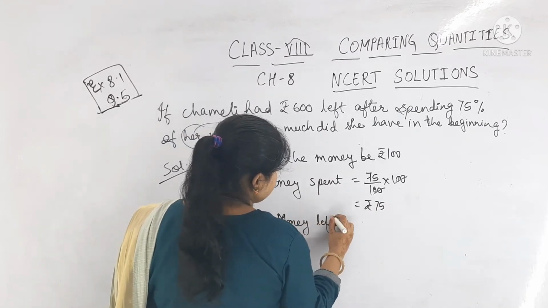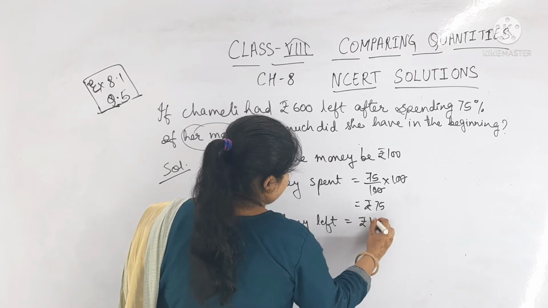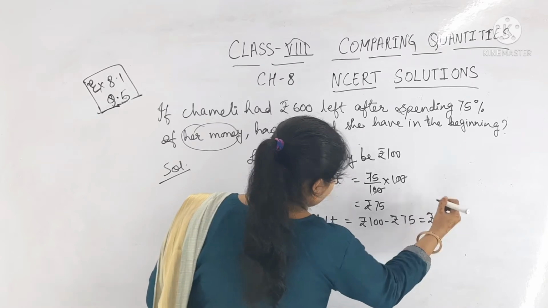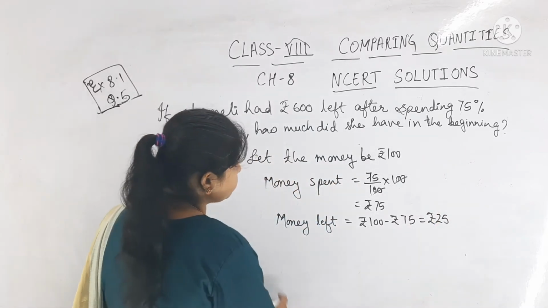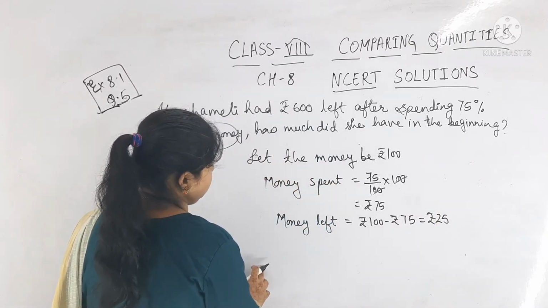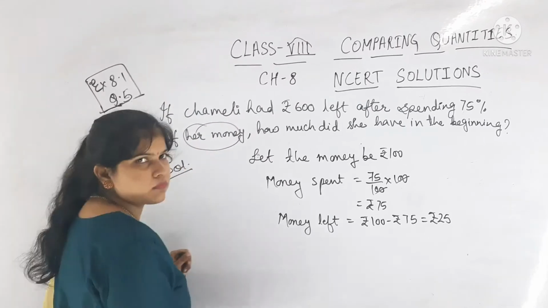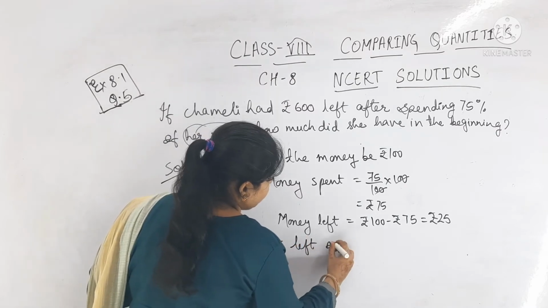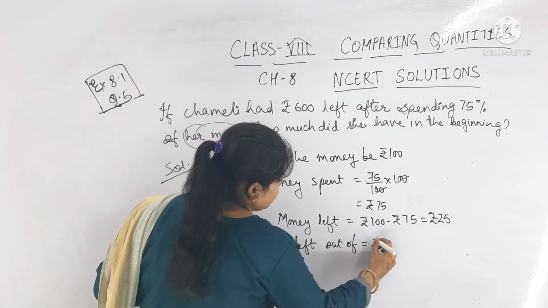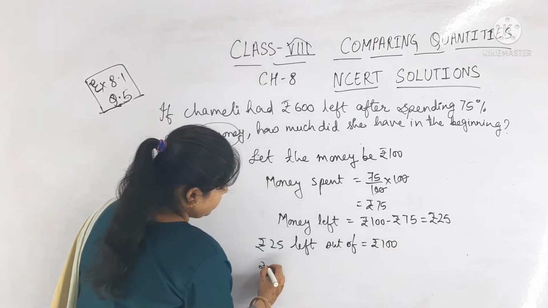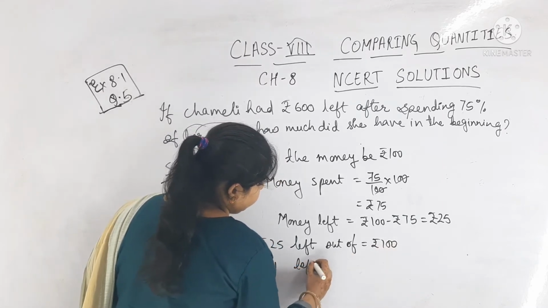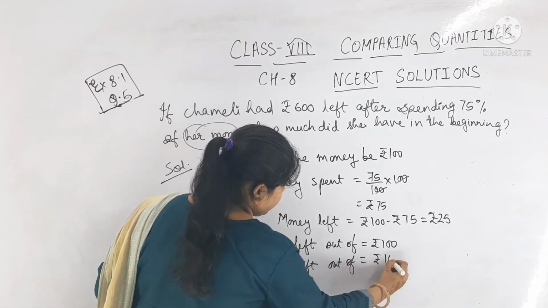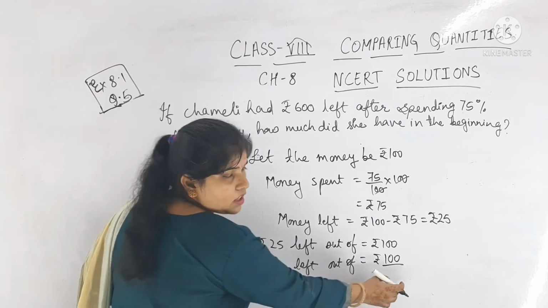Money left equals rupees 100 minus rupees 75, that is rupees 25. So rupees 25 left out of rupees 100. So rupee 1 left out of rupees 100 divided by 25.